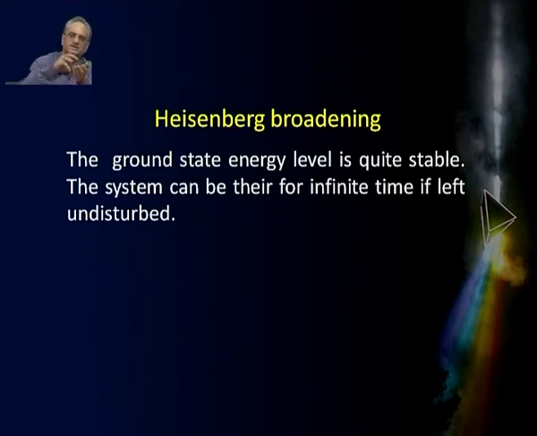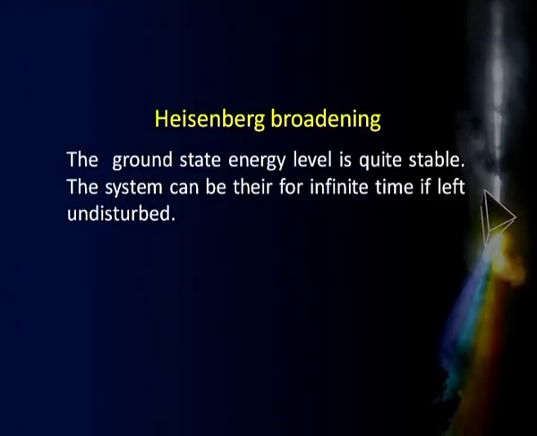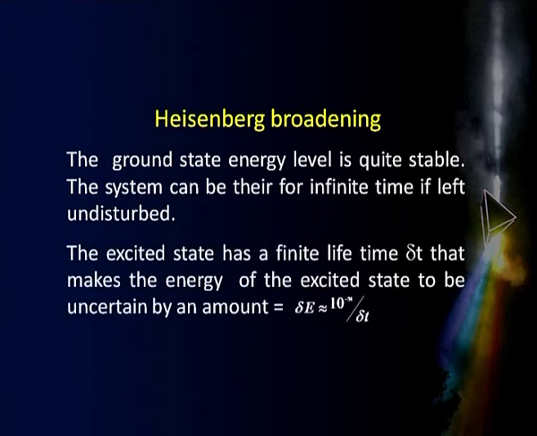That means, if anything is in the ground state, it will like to be there for all times to come. The time spent by a species in the ground state is very, very large. If it is not disturbed, nothing will happen to it. In such a case, there will not be any uncertainty in the energy, because delta T has become very large.